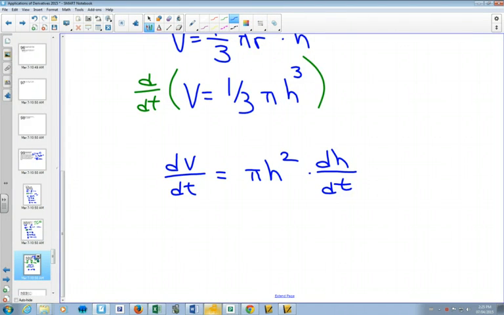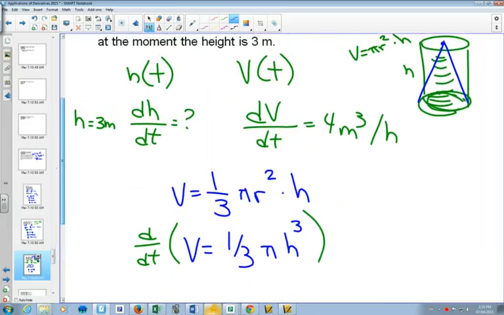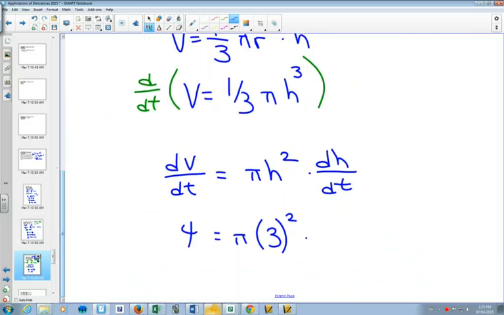And we're told 4 meters cubed per minute at a height of 3. And dh/dt was also 3? No, dh/dt is what we want to find.